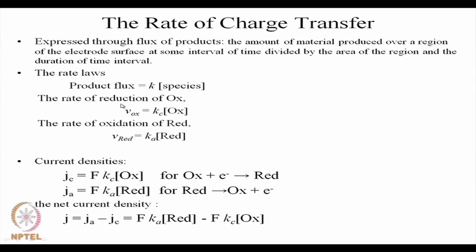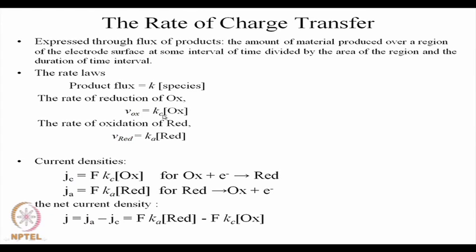And now, if we think of reduction process, for the reduction of oxidized species to a reduced one, it is V ox, I mean the rate at which this oxidized species is depleted is Kc, because cathodic, rate constant for the cathodic process.